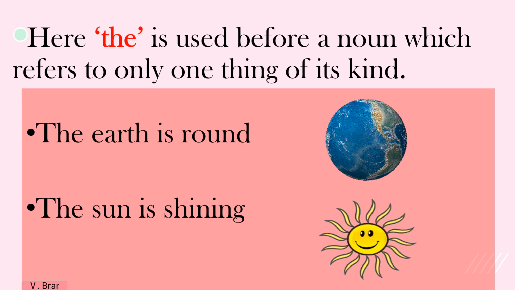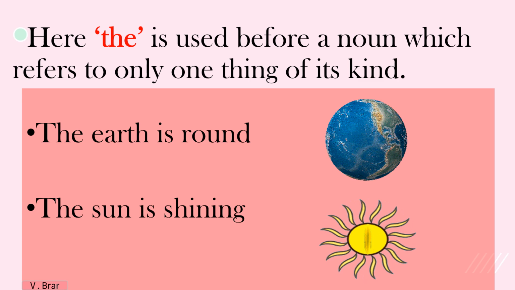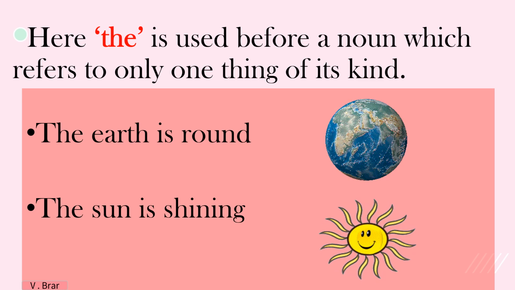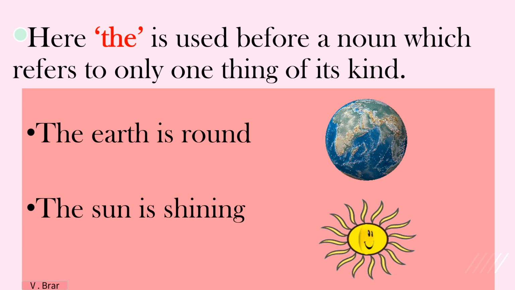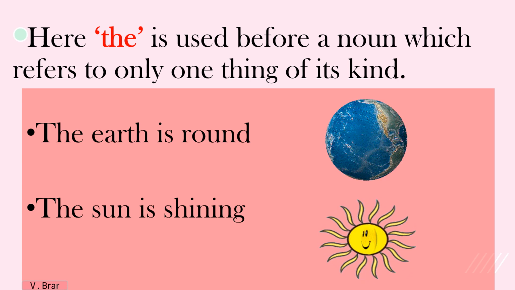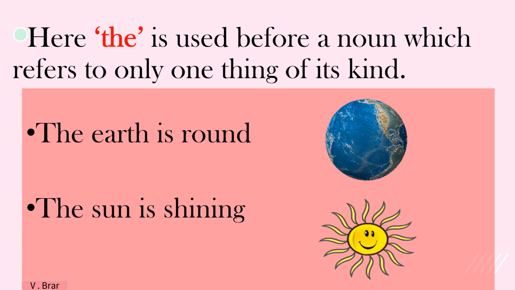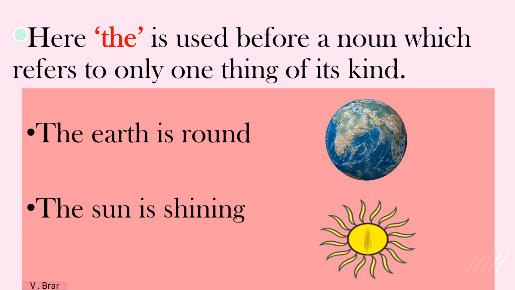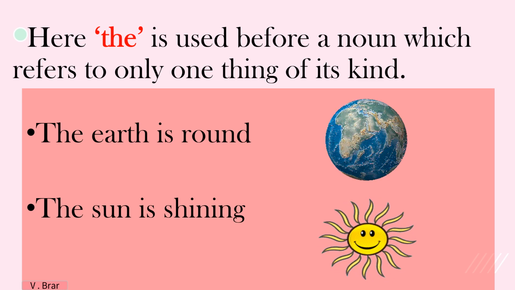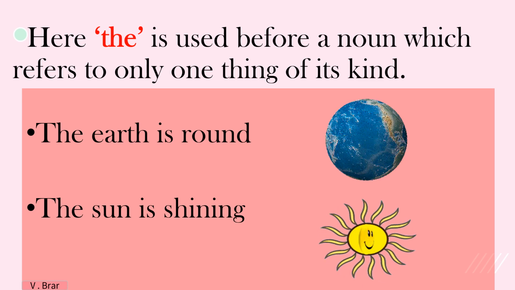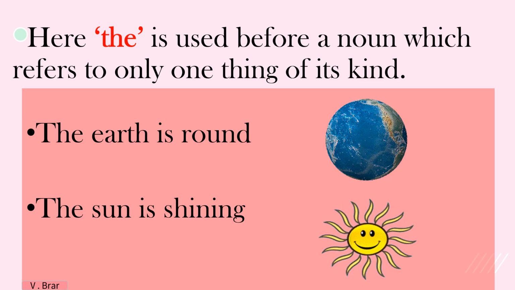For example, if the next word starts with a vowel sound, then we use thee. Now you can see here, the earth. Why am I saying thee earth? Why am I not saying thuh earth? Because earth is starting with letter E, that is a vowel. So when the next word starts with a vowel sound, we say thee, not thuh.